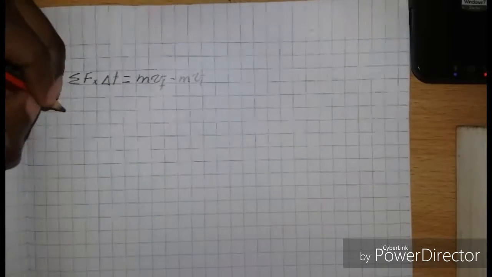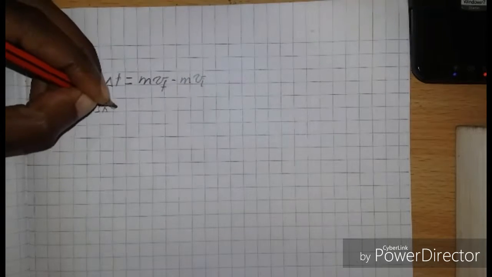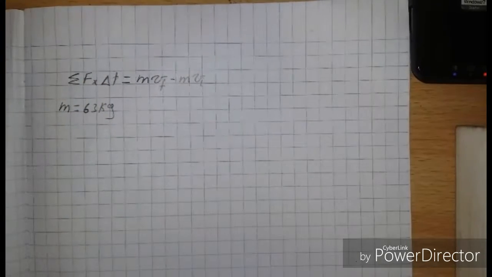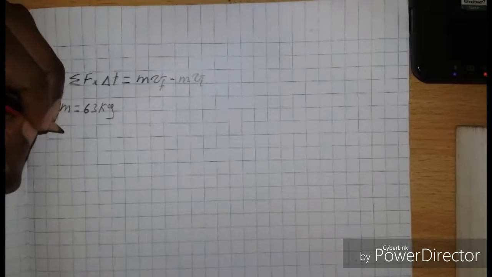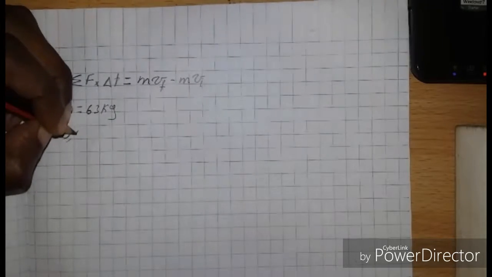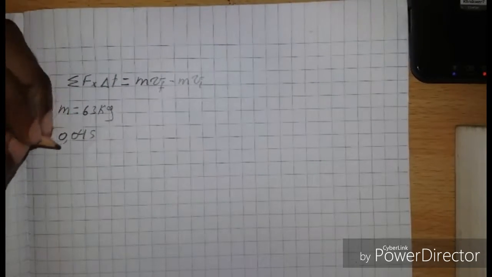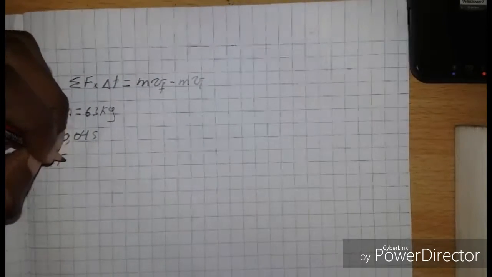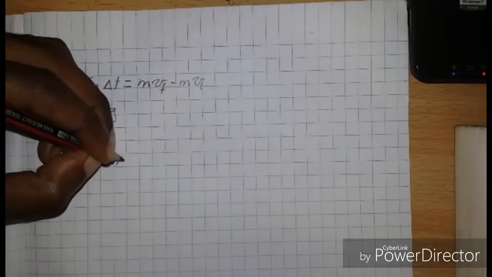Now here we are given the mass of the student, which is 63 kilograms, and the time that the impact acts upon the student, it's 0.04 seconds, and then the force, it's 18,000 Newton.